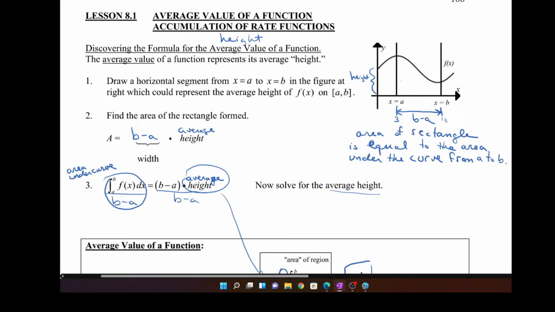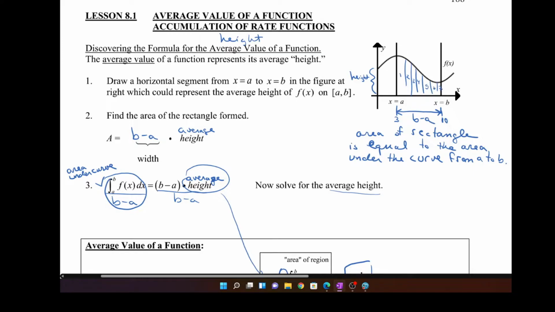I'm basically taking this whole curve, all of this area that I can calculate with my integral, and I'm dividing it up into as many pieces as the difference between here. So in this case, if I really was going from 10 to 3, I would have broken it up into 7 pieces: 1, 2, 3, 4, 5, 6, 7.